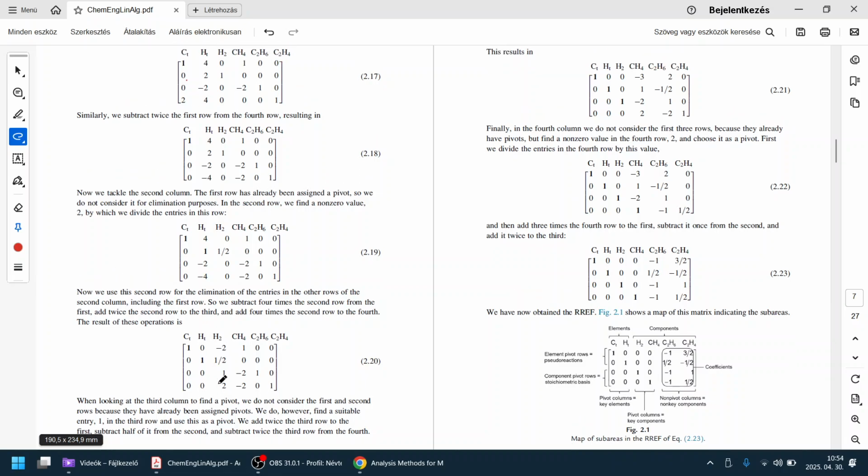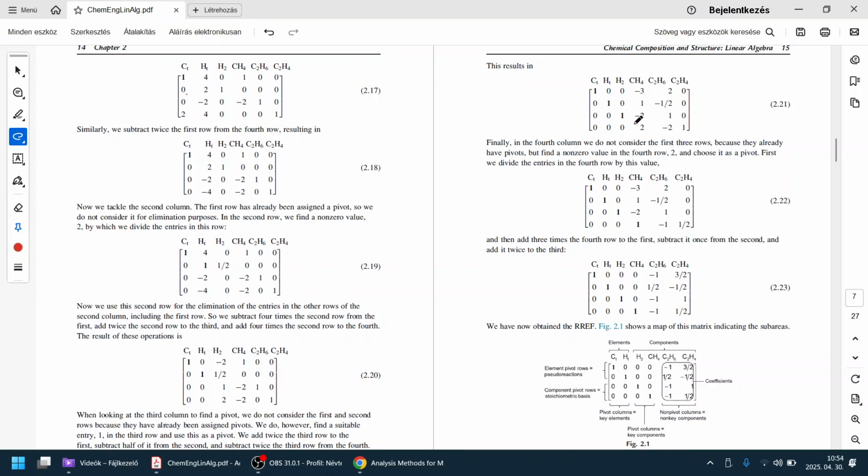Then I point to this, and a very interesting thing will happen here. The interesting thing is that this is not the trapezoid form or the Gauss elimination, in that this row is multiplied by different numbers, and this number, this half, and also these twos, are eliminated.